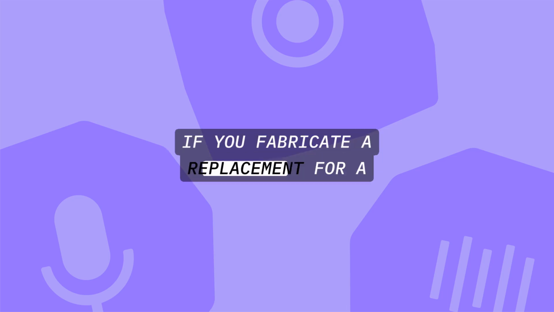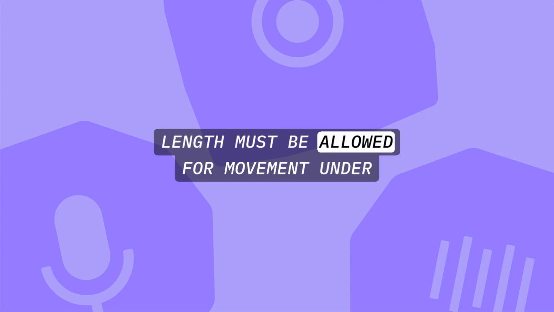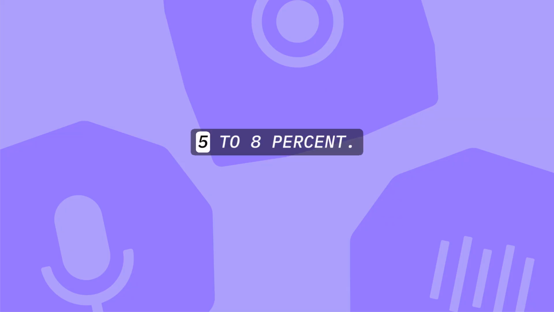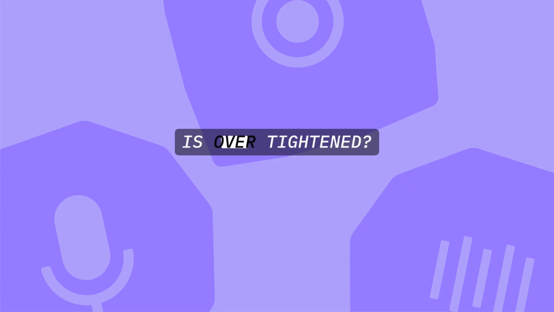If you fabricate a replacement for a flexible hose, what percentage of the total length must be allowed for movement under pressure? Five to 8%. What happens to the tube when a flareless fitting is over-tightened?